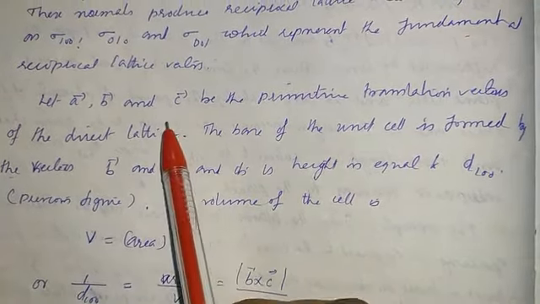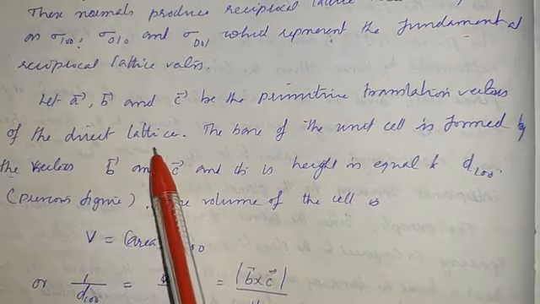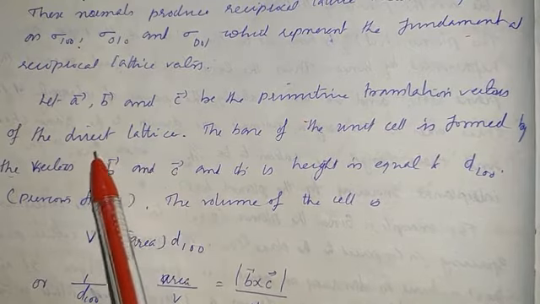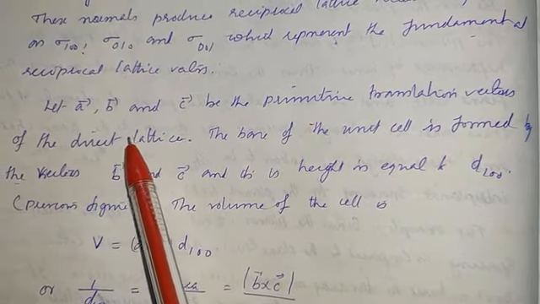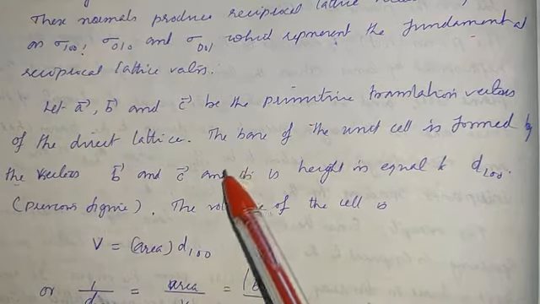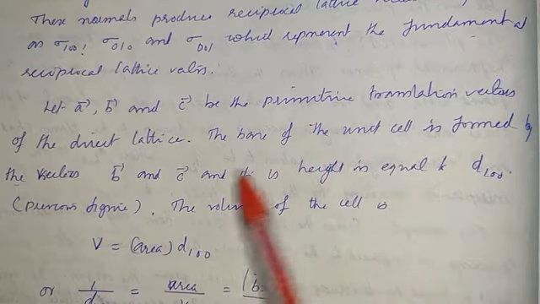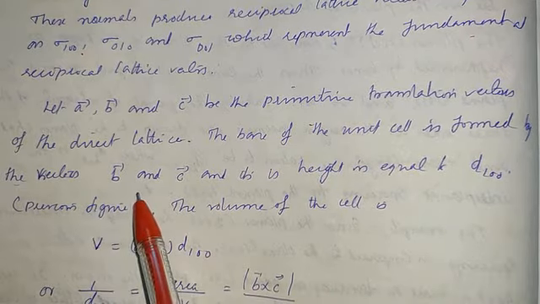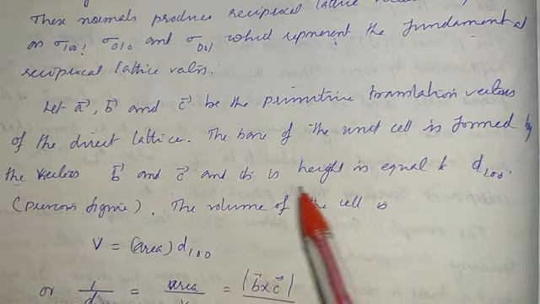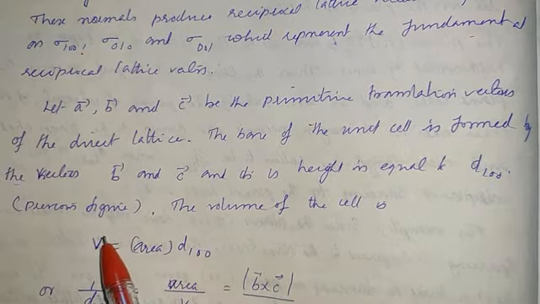Now let A, B and C be the primitive translation vectors of a direct lattice. So if we are considering a direct lattice space and A, B, C are the primitive translation vectors of this lattice, then the base of the unit cell is formed by the vectors B and C, and its height is equal to D100.